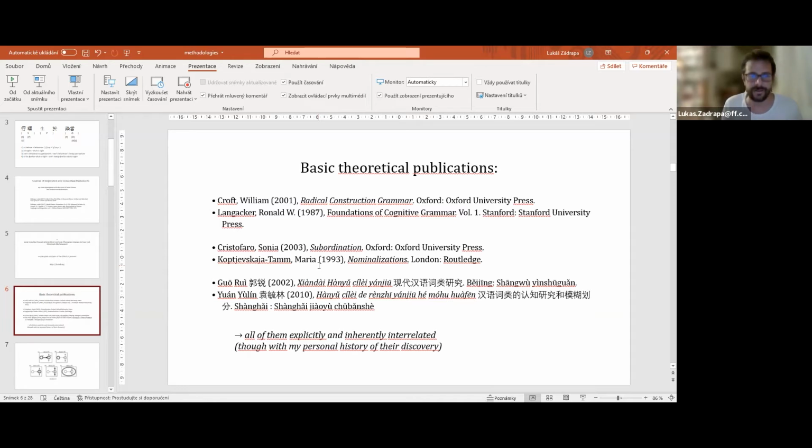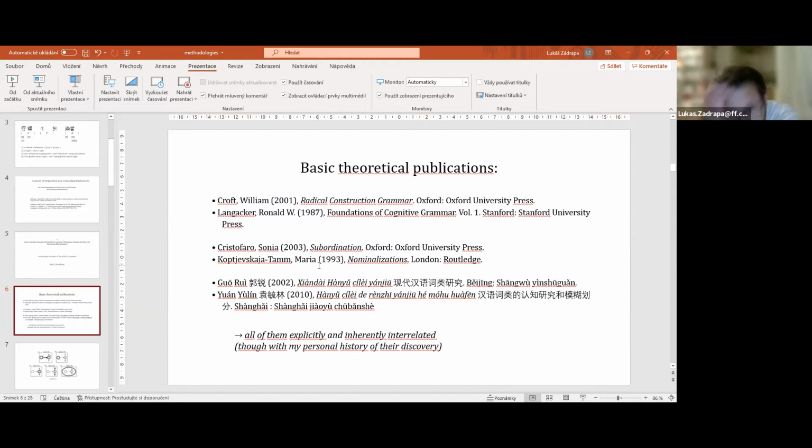So, both are very useful for typological research, Croft's radical construction grammar and Langacker's foundations of cognitive grammar.